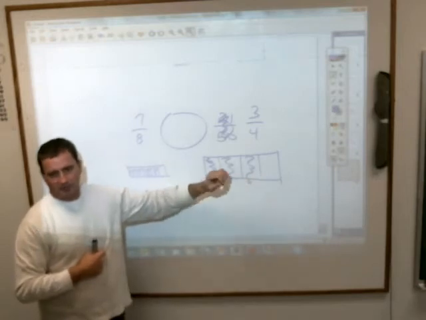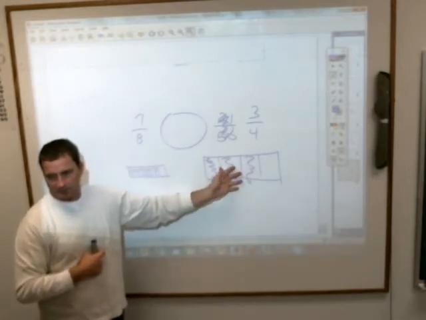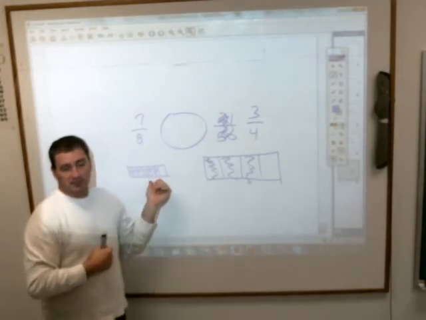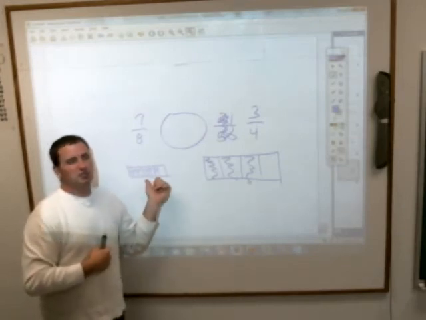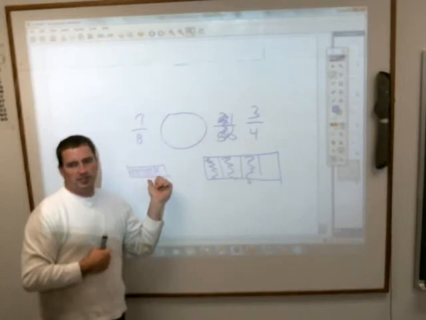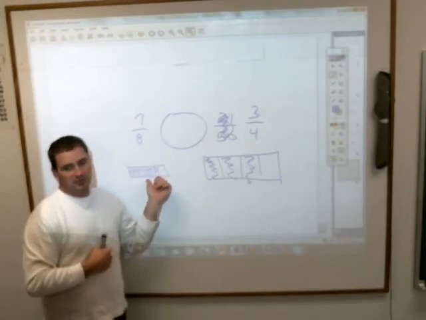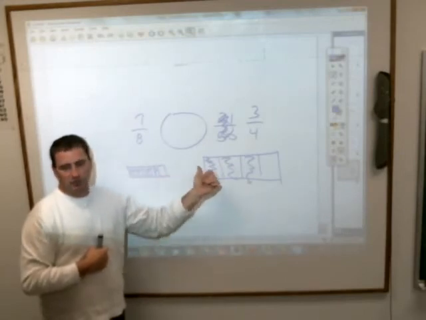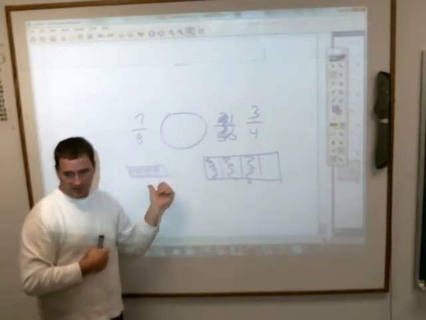So if I gave you 7/8 of a dollar, that's the same as 3/4 of a dollar? Which one is actually bigger? 7/8 is bigger. Okay, I was just having a little fun with you. When you do this, your boxes have to be the same size. I can't draw the world's largest box over here and a tiny box over there and try to compare them by shading.